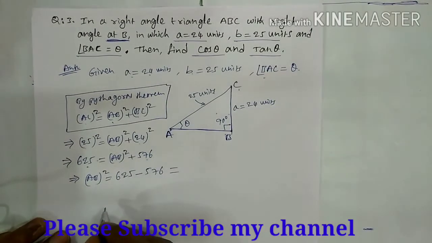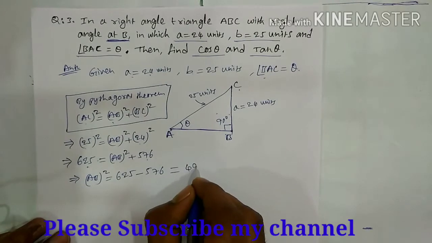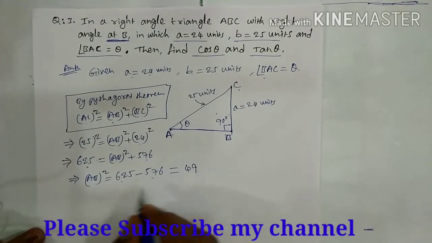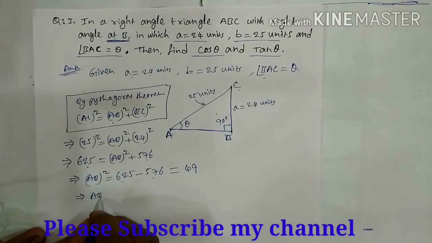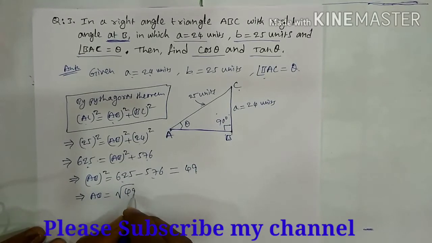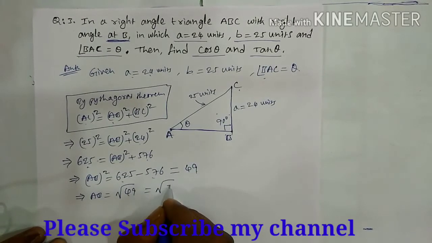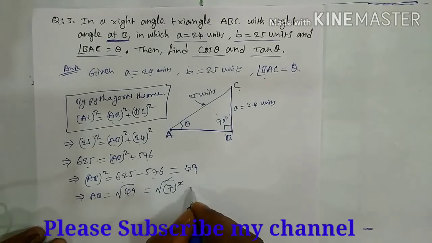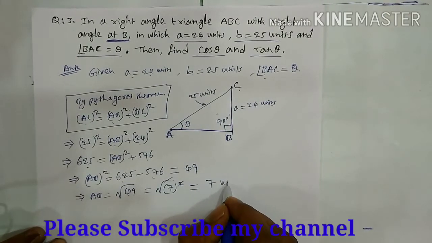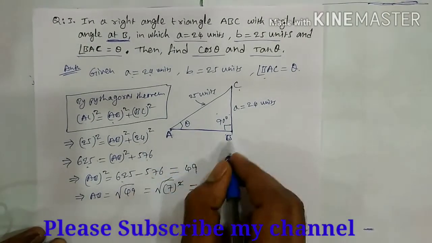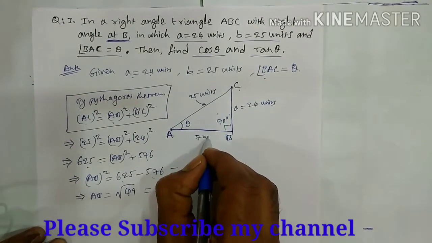This is equal to 49. 625 minus 576 is 49. So AB is equal to under root of 49, which is under root of 7 square. The square root cancels. It is 7 units. So AB is equal to 7 units.